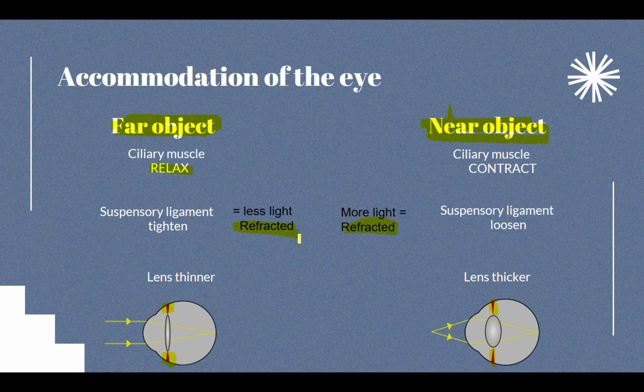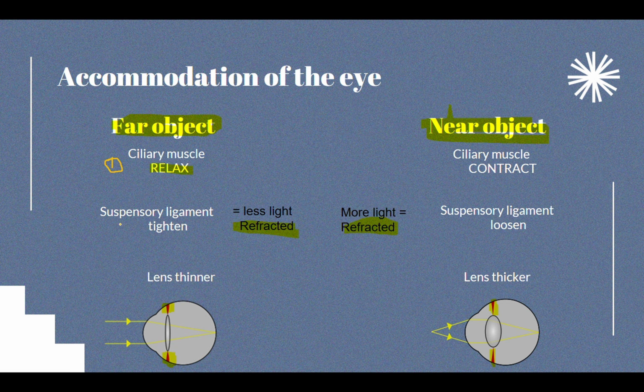These are very important points to include in your answer. So let's imagine that you're answering an exam. How will the marks be distributed on your answer? Let's say they told you that John is looking at his house from a mountain. What are the accommodation of his eyes while he's looking at the house? Starting with the ciliary muscle, you should include that it would relax.